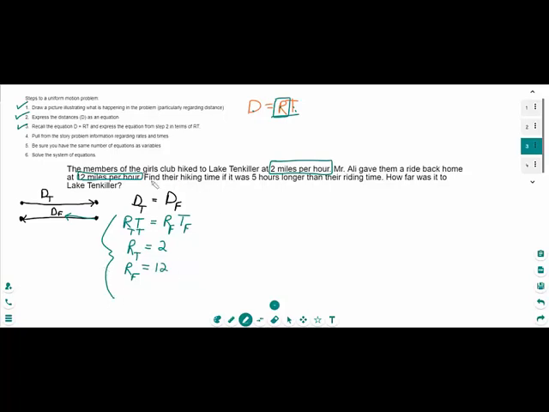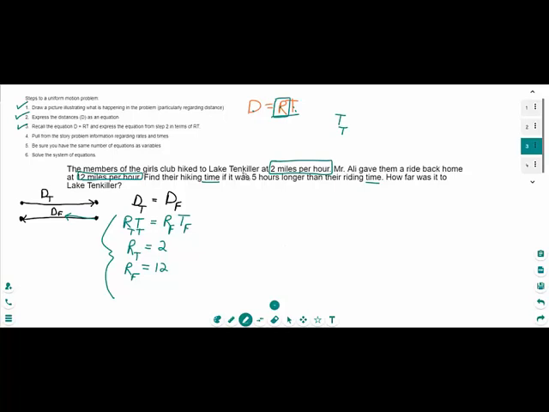Looking good. Now it says find their hiking time if it was 5 hours longer than their riding time. So now we're dealing with time, so we're dealing with T's. Their hiking time was the hike to the lake, so we're going to call that T sub t, the time to the lake.